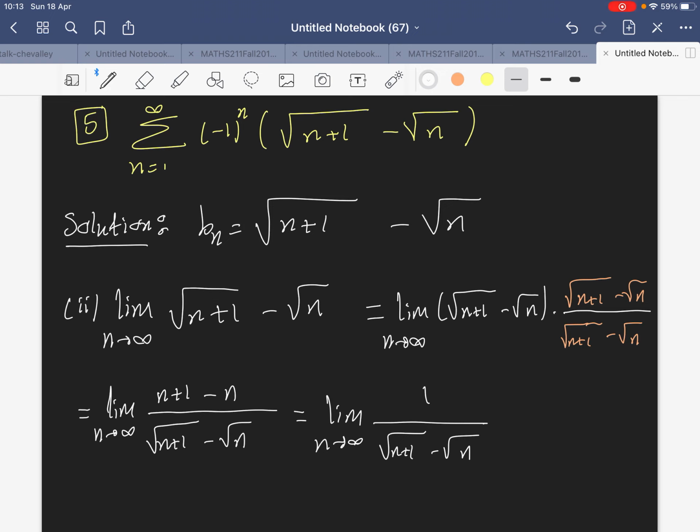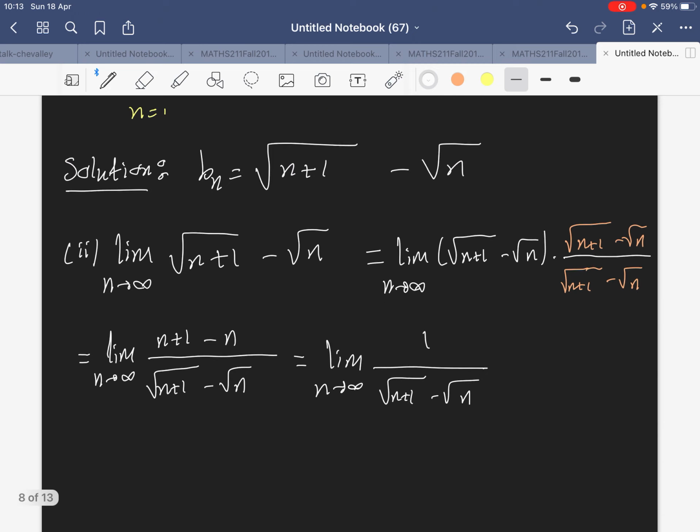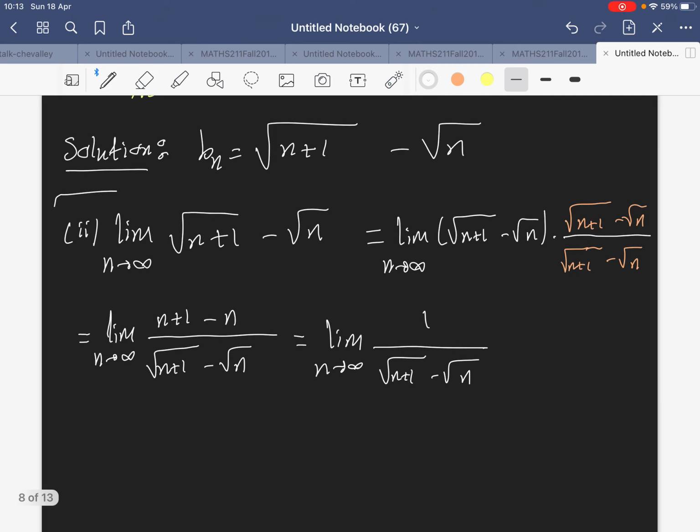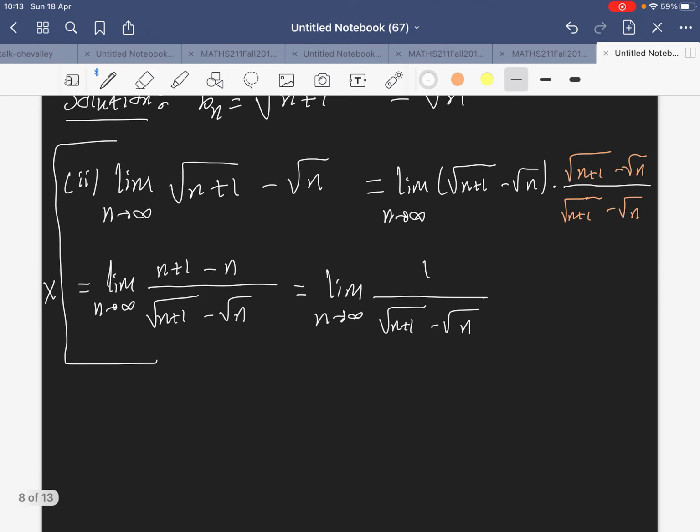So maybe we have to find a different way. Maybe you can use L'Hopital rule, and in order to use L'Hopital rule, we need to find a denominator and a numerator. So I will leave this one out, and we'll do a different trial.